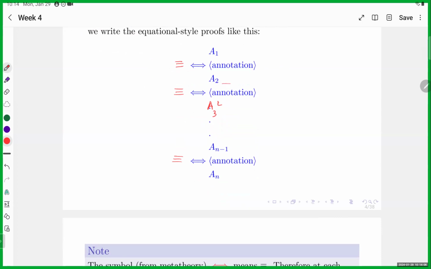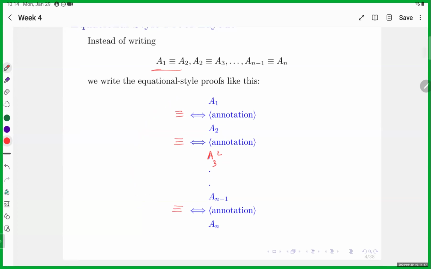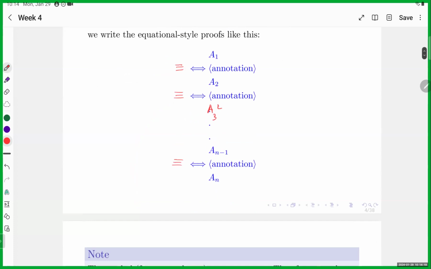And note that, by what the previous theorem says, now we can conclude A1 is equivalent to AN. So once these steps are complete, your conclusion would be that A1 is equivalent to AN is a theorem.